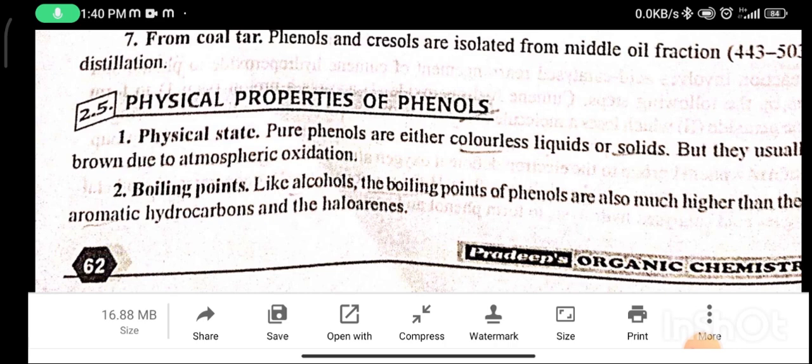Physical state. Pure phenols are either colorless liquids or solids, but they are usually brown due to atmospheric oxidation. Boiling points. Like alcohols, the boiling points of phenols are also much higher than those of aromatic hydrocarbons and haloarenes.